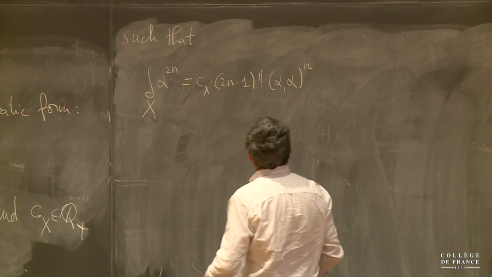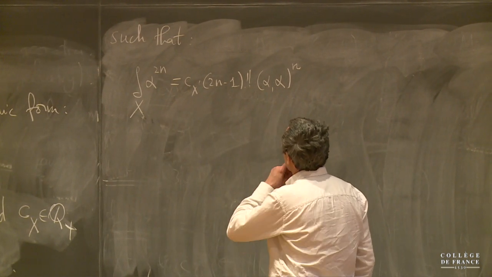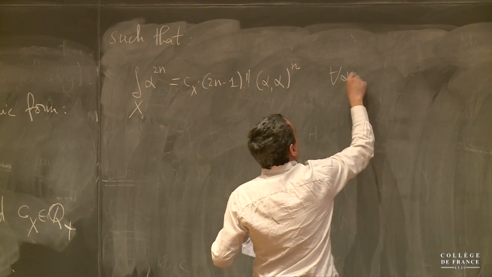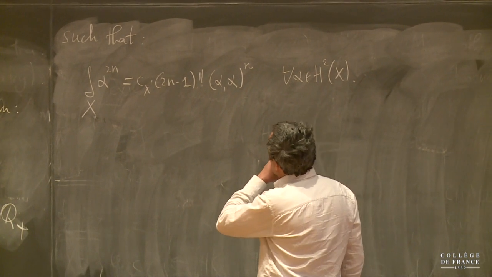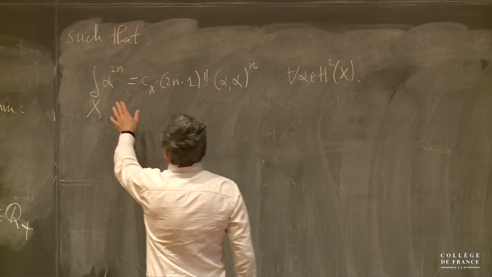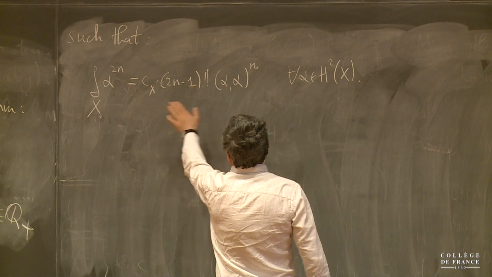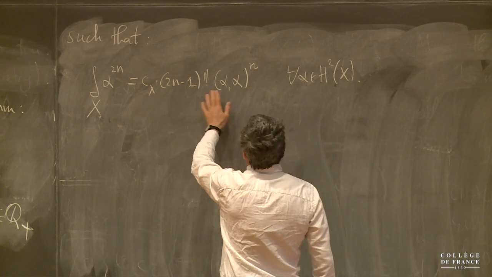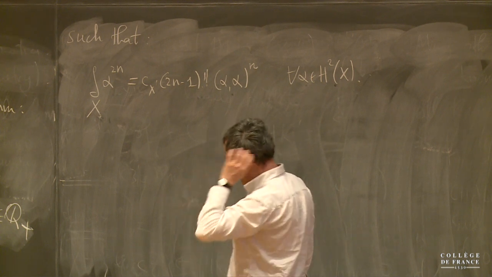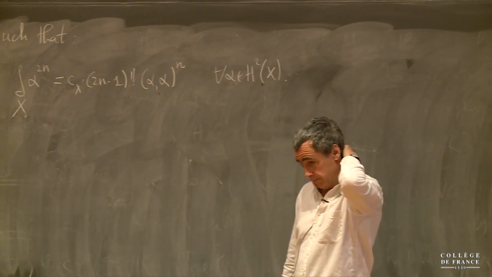This is sort of a surprising fact. It's telling us, so for all... So what this is telling us is that this homogeneous polynomial of degree 2n on H2 is in fact a multiple of the nth power of a quadratic polynomial.